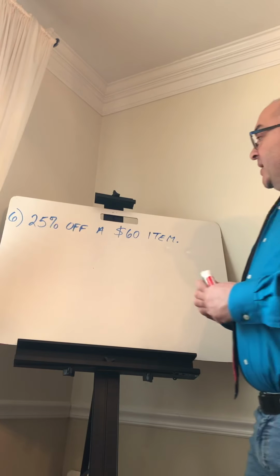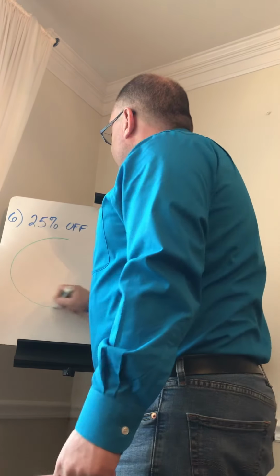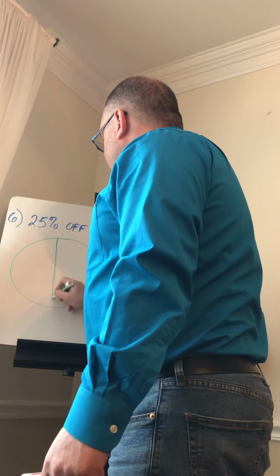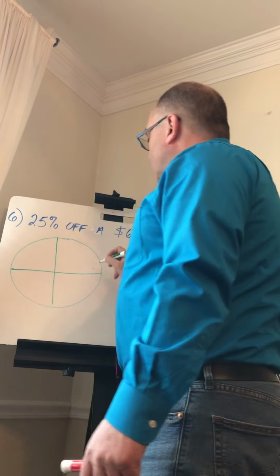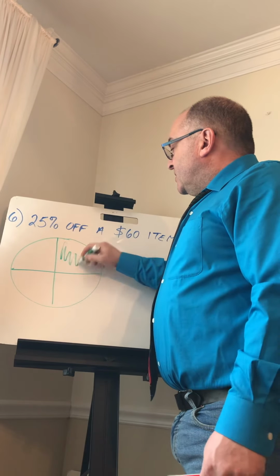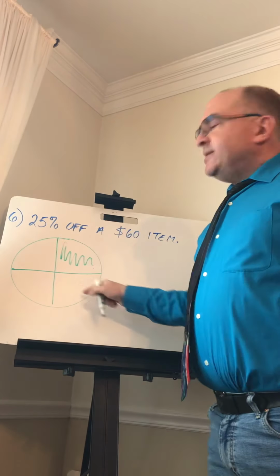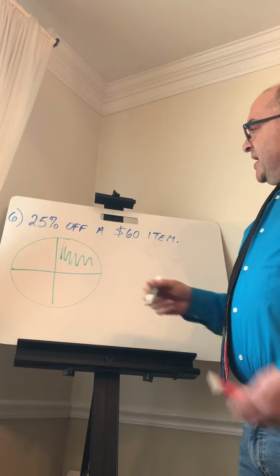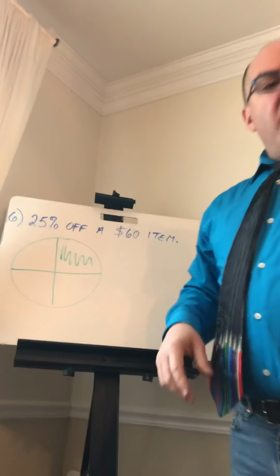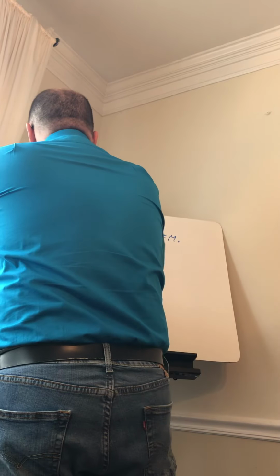So when you take 25%, you can think of it like this: 1/4 is taken off. But it's 4 pieces, right? 25%, isn't that 4 pieces? Yes it is. That makes sense, right?